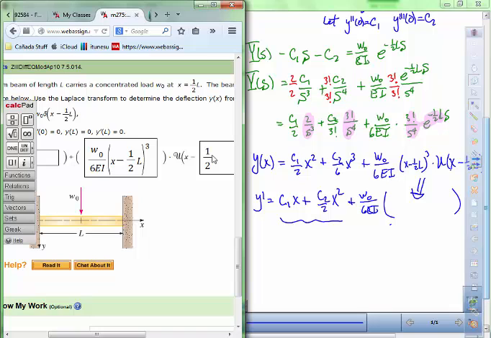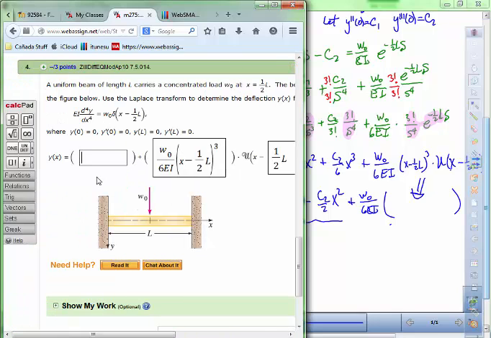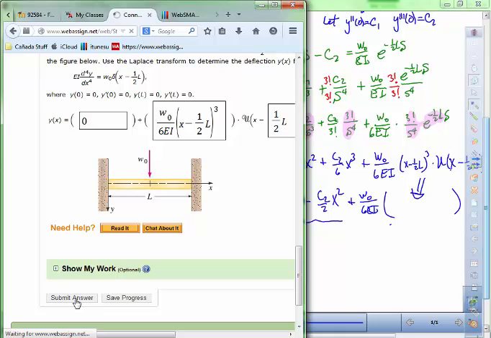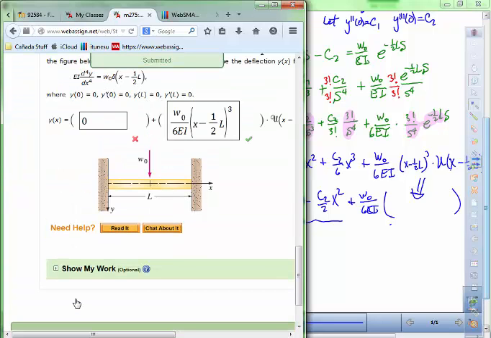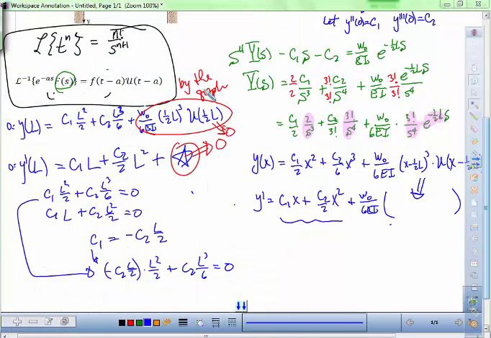And then this is 1/2 L. So right now we're getting 0, which is probably not correct, but I'm going to put 0 in here. Is the other stuff correct? Okay, so it's not 0, which means I probably made a mistake in setting these things equal to 0.